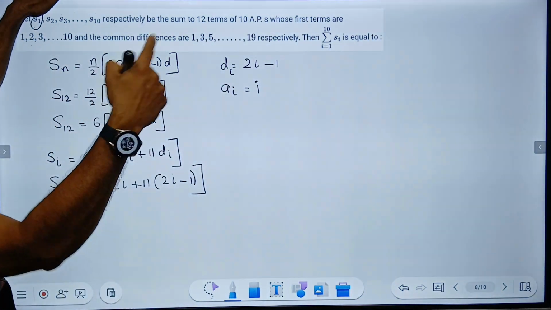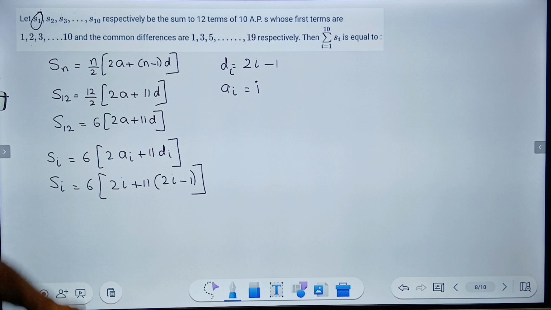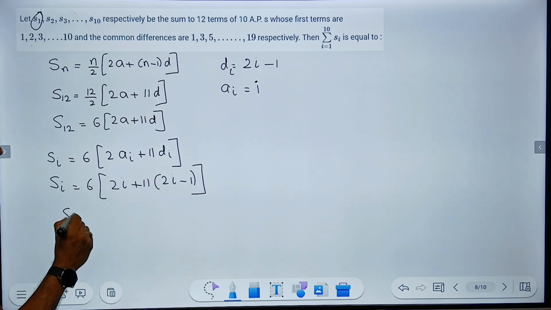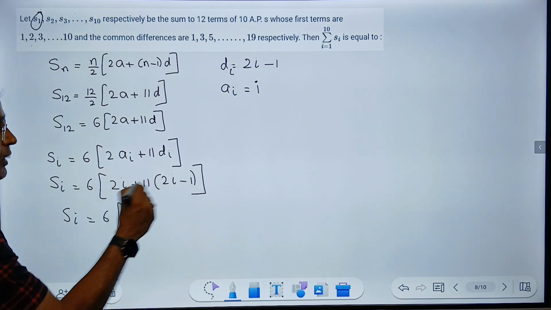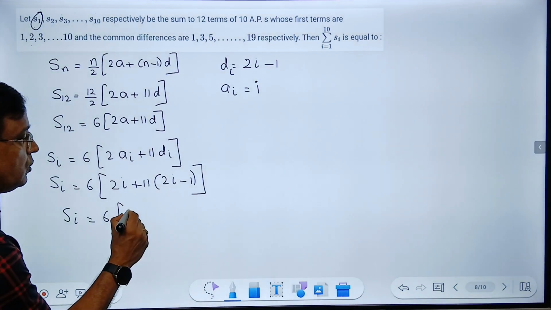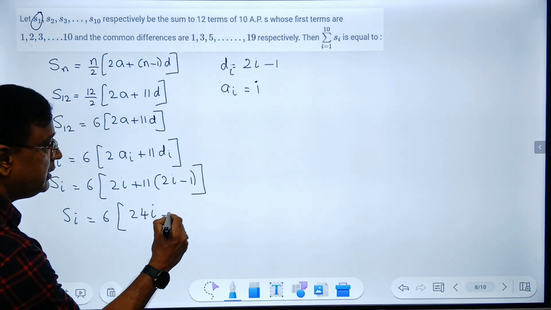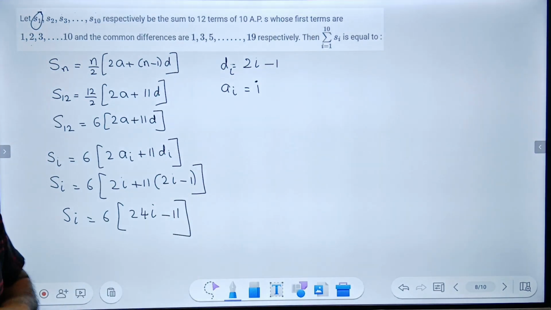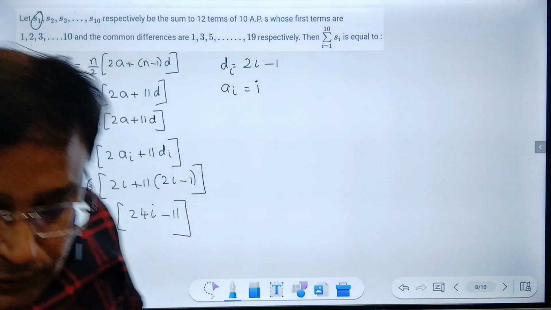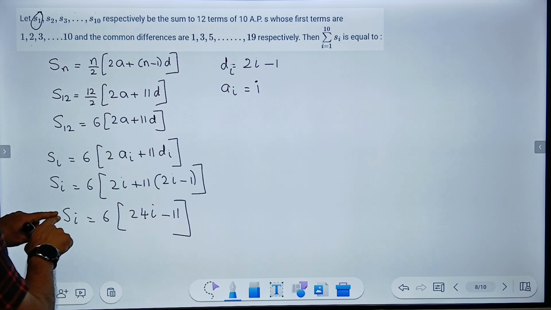So it is 2i minus 1. Correct? So Si equals 6 into, if you simplify this, what do you get? 2 into i is 2i, 11 into 2i is 22i, so 24i minus 11. 24i minus 11. Correct.